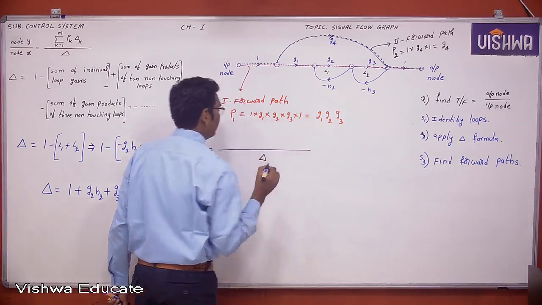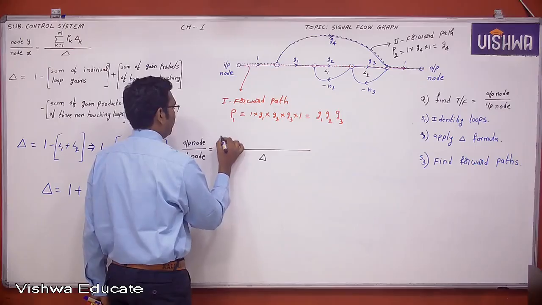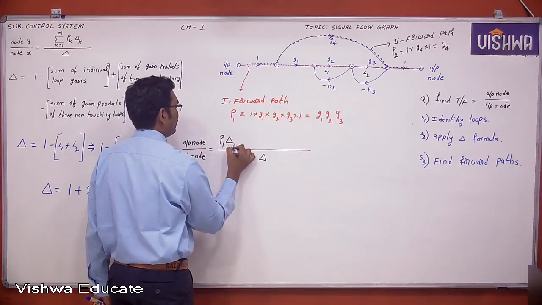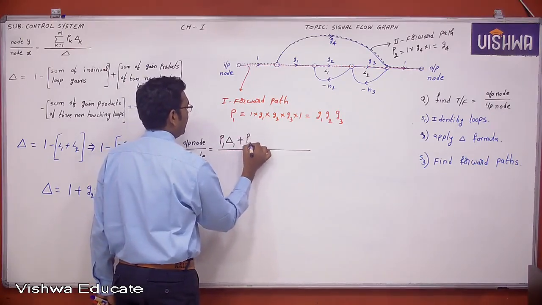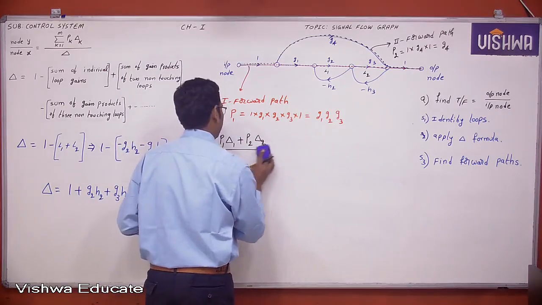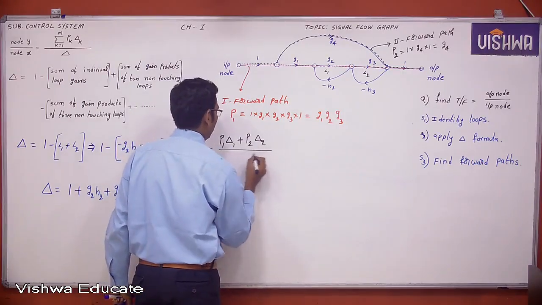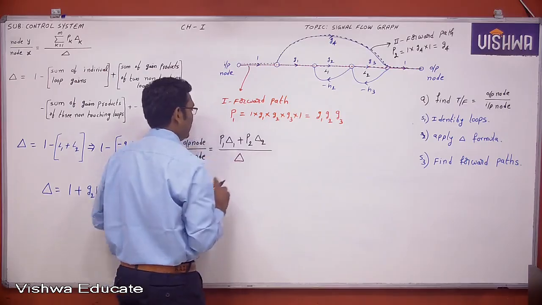Delta is here. Now, total how many forward paths? P1 means delta 1 is present, plus P2 means delta 2 is present.